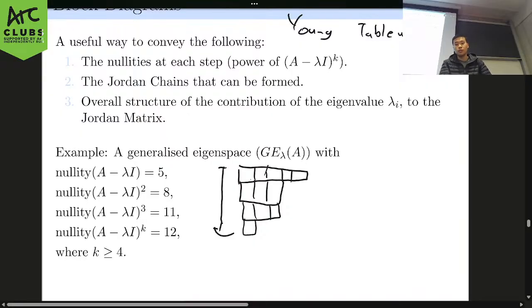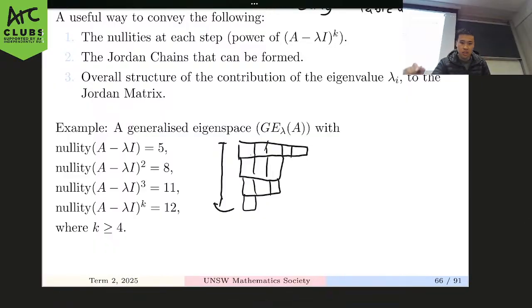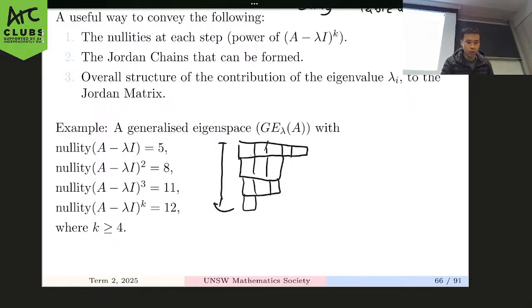It's also determined by this Young tableau format. What else can we determine? We can determine the actual Jordan normal form, the direct sum of each of them, which is just the sum of all of these columns. Obviously they're all the same eigenvalue.